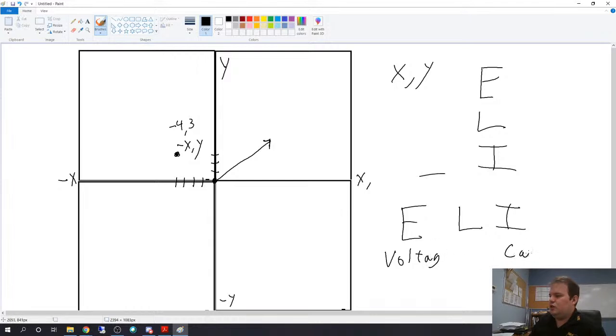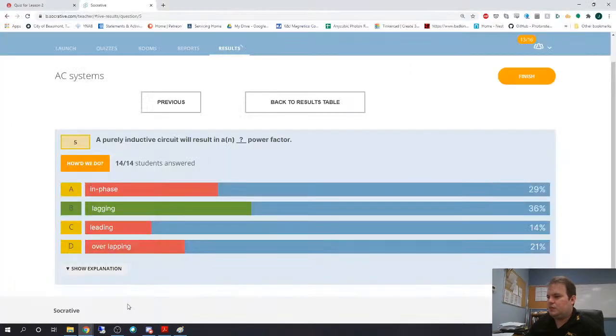And then current. And L is for inductive, so you know which one is which. So voltage is ahead of current. That will give us a lagging power factor, meaning the current is lagging the voltage.